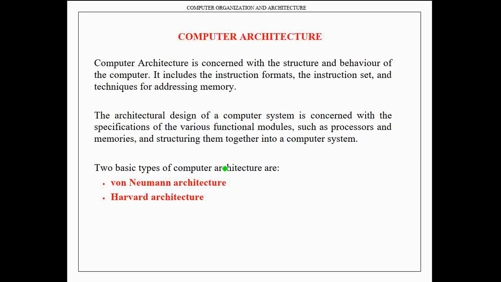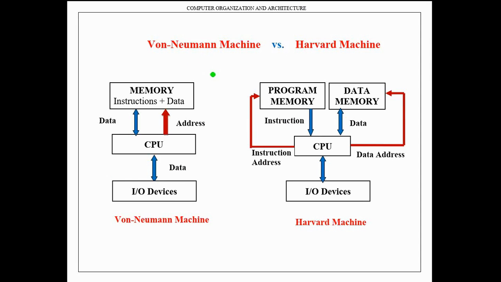Two basic types of computer architecture are von Neumann architecture and Harvard architecture. Here the block diagrams of the von Neumann machine and the Harvard machine are shown. In the von Neumann machine, a single memory is used for storing both instructions as well as data. Since it uses a single memory, it uses a single bus for transmitting both instructions as well as data.